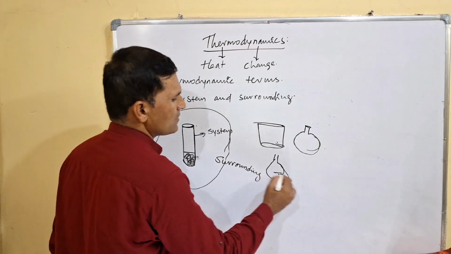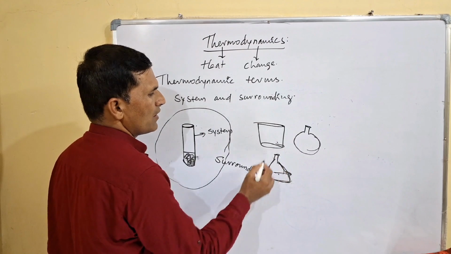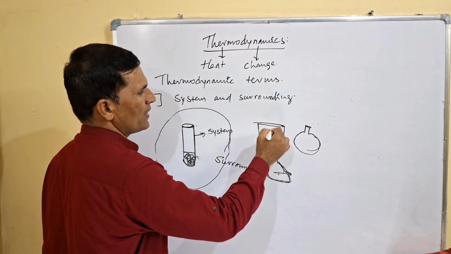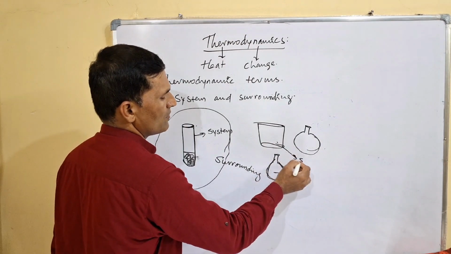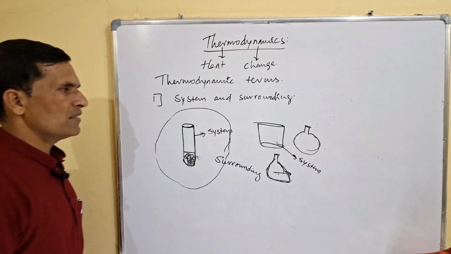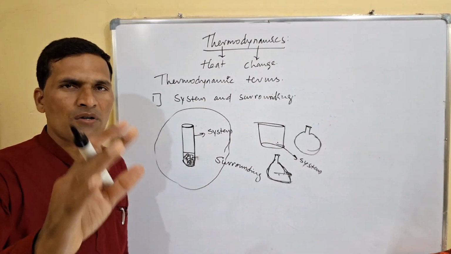So wherever there is a change in energy or you are doing some thermodynamic study, that particular part of the universe we call the system. What is system? System is that part of the universe which is under thermodynamic study.